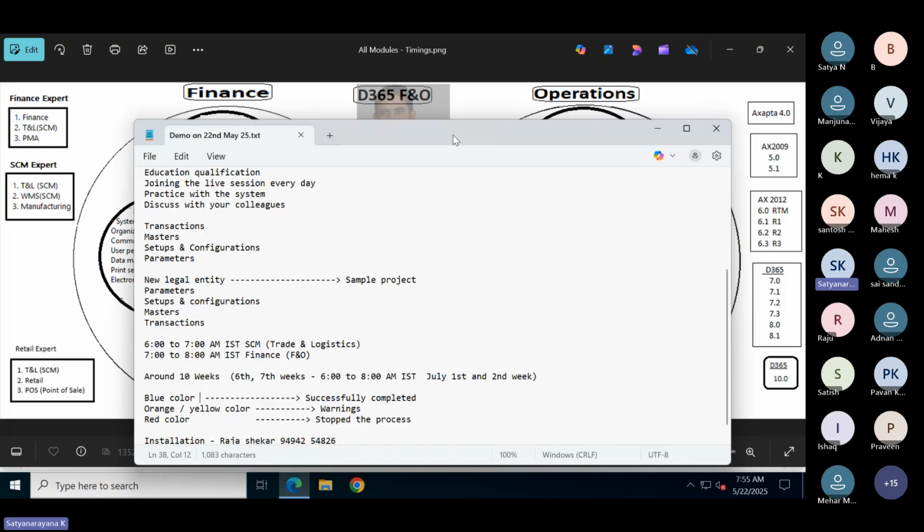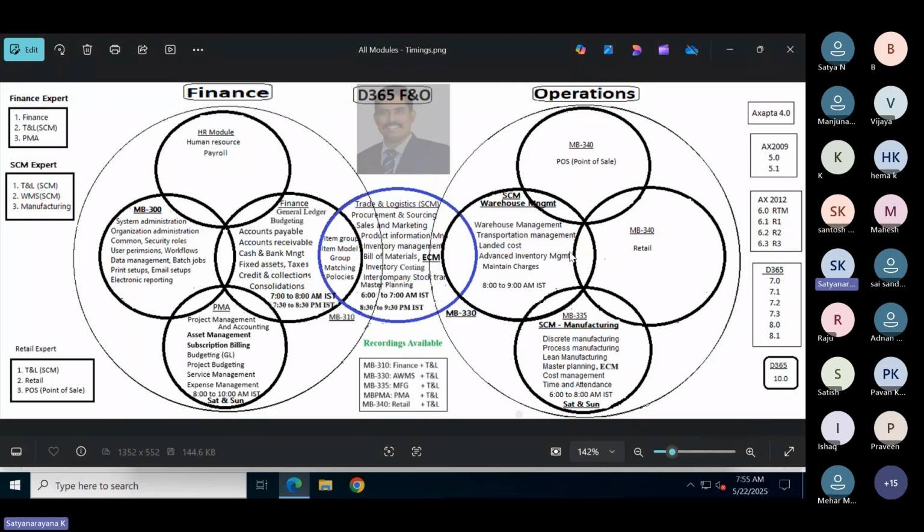Suppose you want to learn WMS: I need to teach you 10% here, 10% here, then I go to WMS. Whenever I'm teaching any module, I create a new company. To show WMS, without finance and SCM topics, I cannot go to advanced warehouse management.